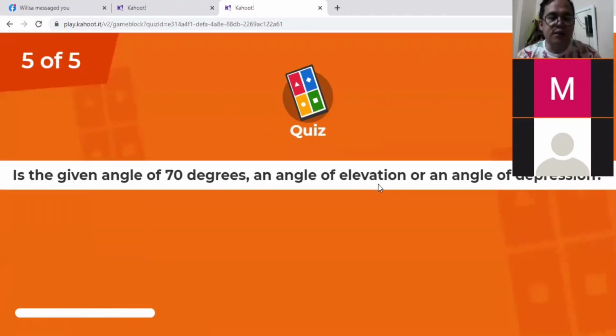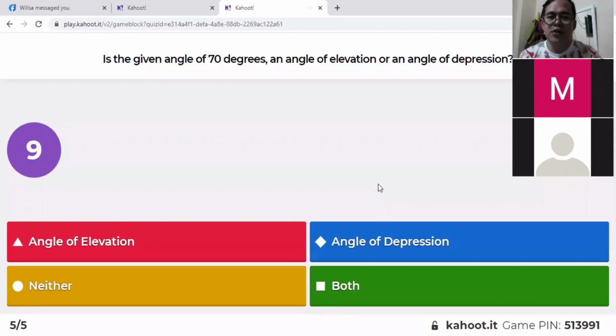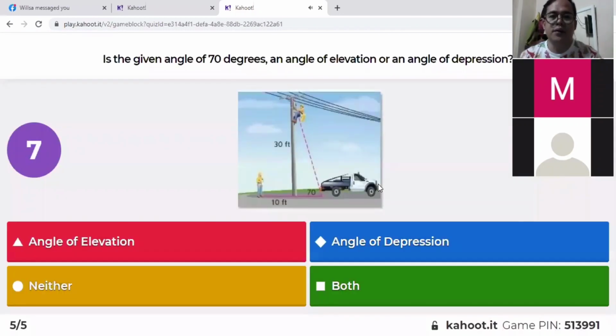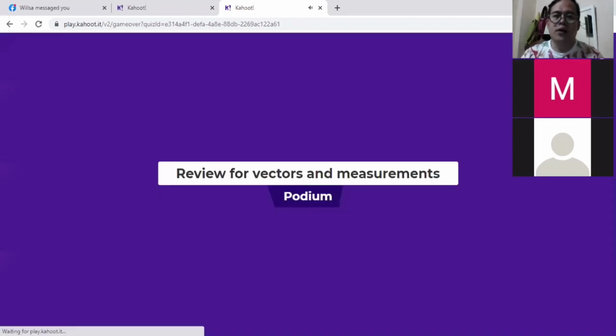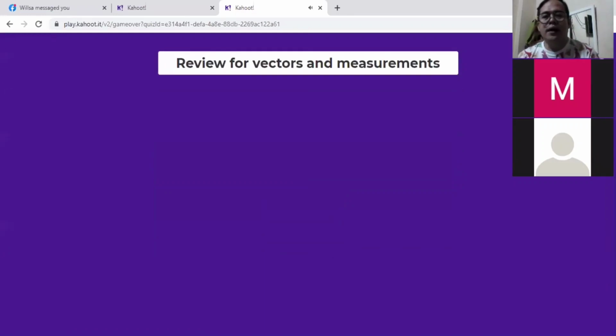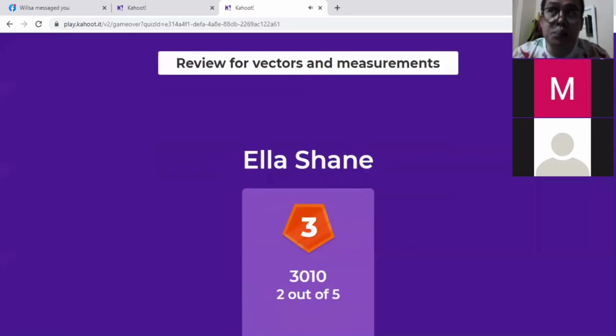The last question. Is the given angle of 70 degrees an angle of elevation or angle of depression? Refer to the picture. Is that angle of elevation, angle of depression, neither or both? And stop. Only one got a correct answer. That's both.